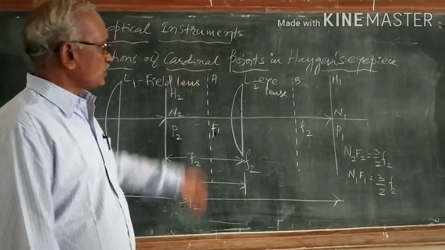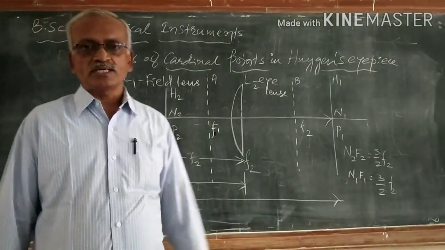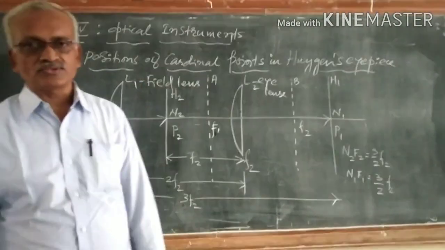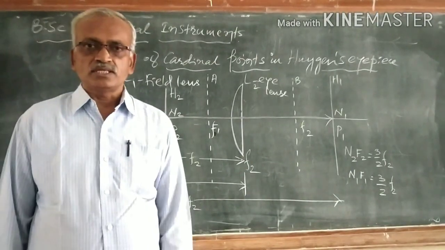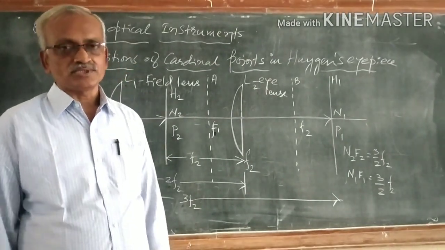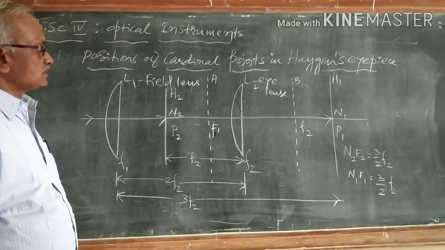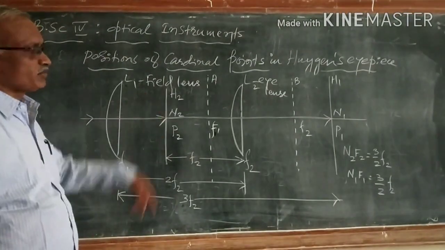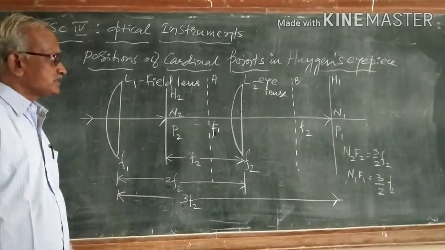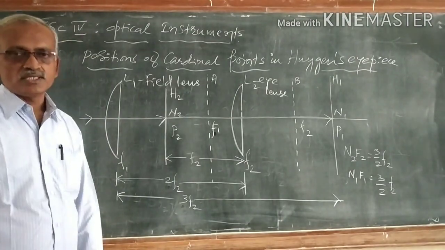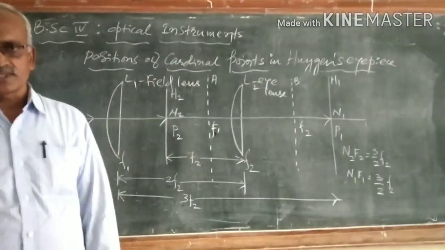There are 4 types of eyepiece, and I explained in the form of equations how to minimize chromatic aberration and spherical aberration, and how to achieve achromatism. It is a combination of 2 lenses, and we came to know different equations. This is the last figure, the cardinal points in the Huygens eyepiece. Dear students, follow all these things and prepare for the forthcoming examinations. All the best. Thank you for hearing.